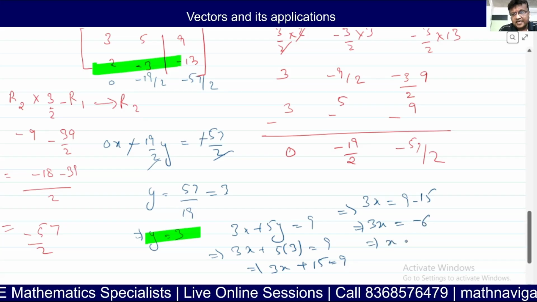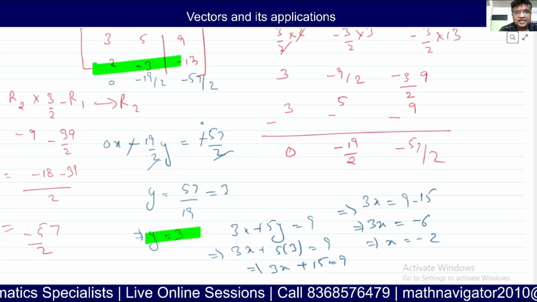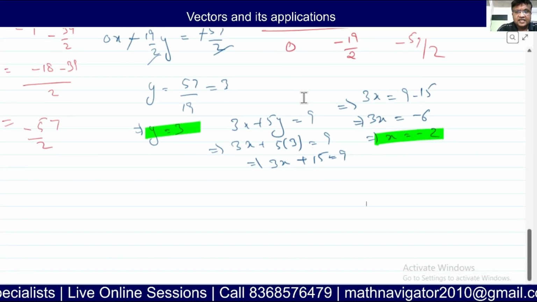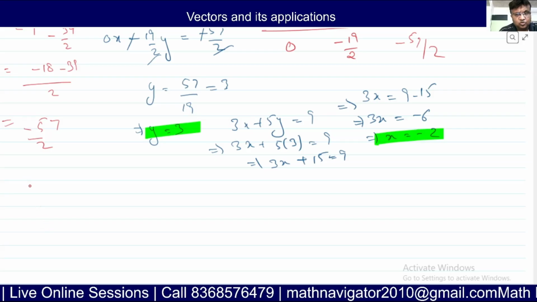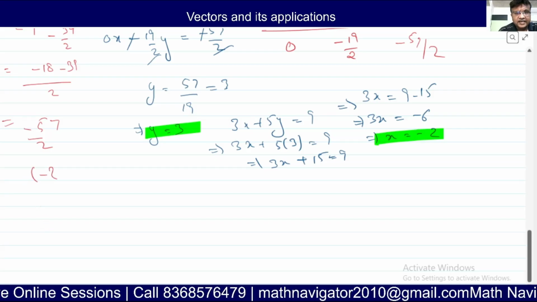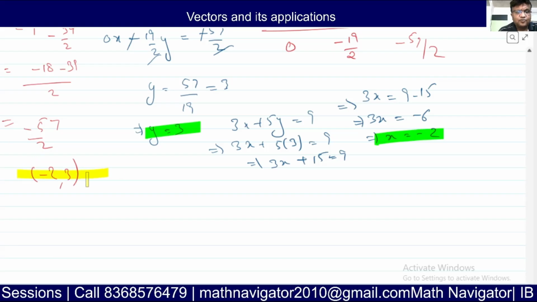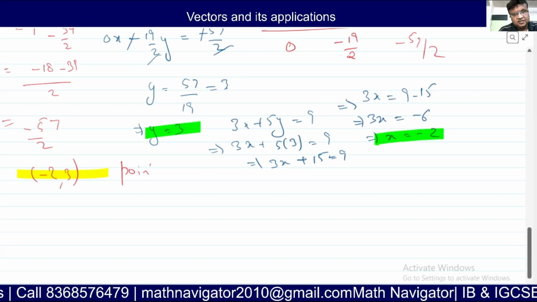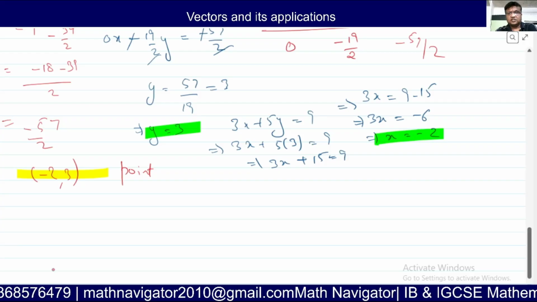It implies x is equal to negative 2. So I've got my x as negative 2 and y as 3. So the point at which the two lines will intersect is negative 2 comma 3. This is the point at which the lines will intersect. Perfect. We have got this, right?